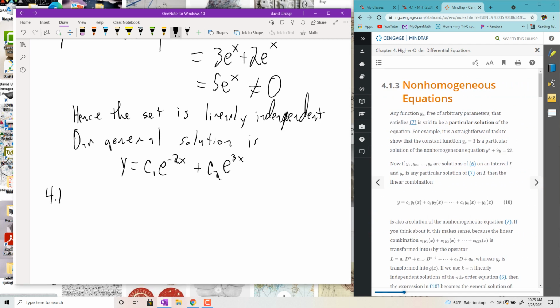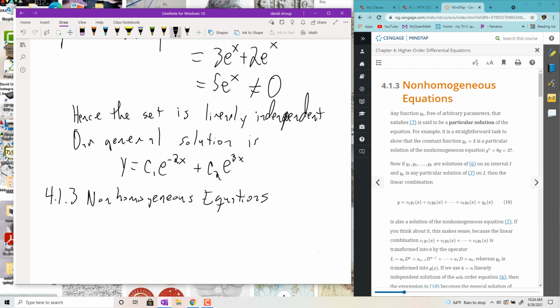4.1.3 now, the non-homogeneous equations. So instead of L of y equaling 0, we have L of y equals some function g of x, right?